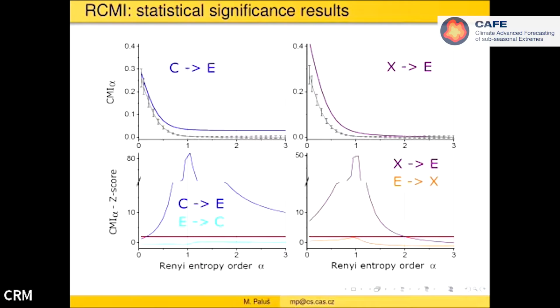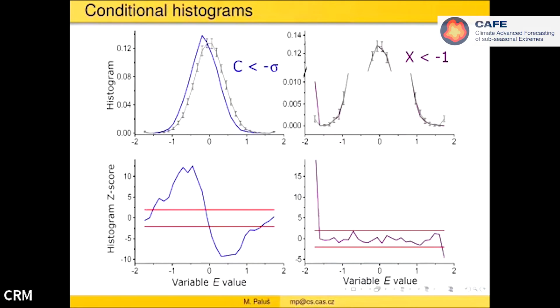So it seems that, as we expected, this parameter alpha is some kind of amplifier of effects on different parts of probability distributions, and in this very simple simulated example it might work.